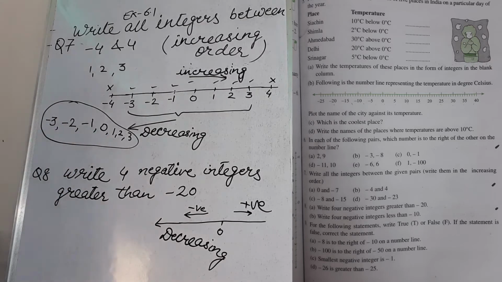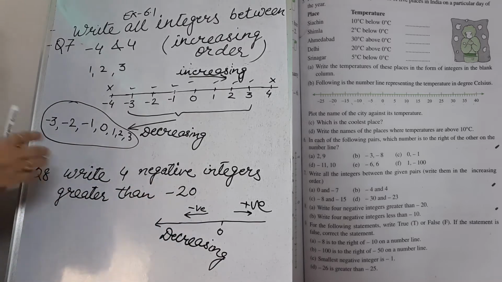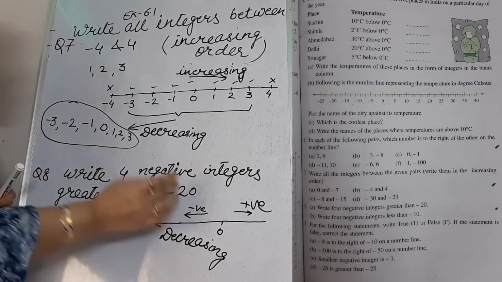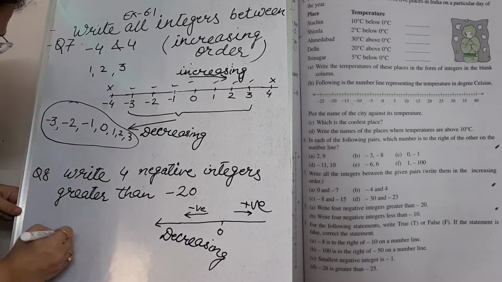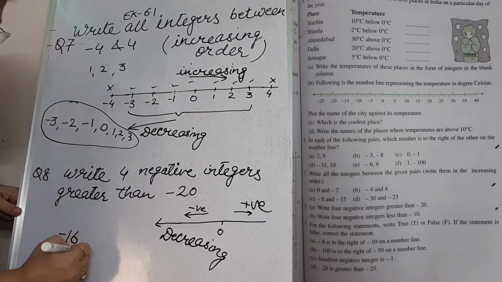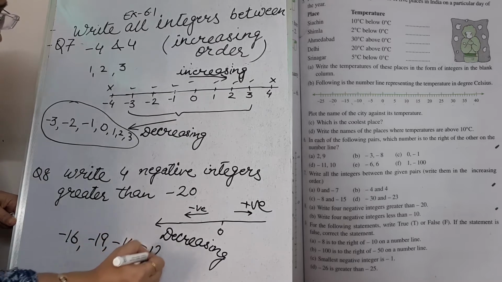Next question is write 4 negative integers which are greater than -20. Again I am talking about negative integers. In negative integers you have to write greater than -20. So answer would be -16, -19, any 4 numbers you can write, -14, -12.